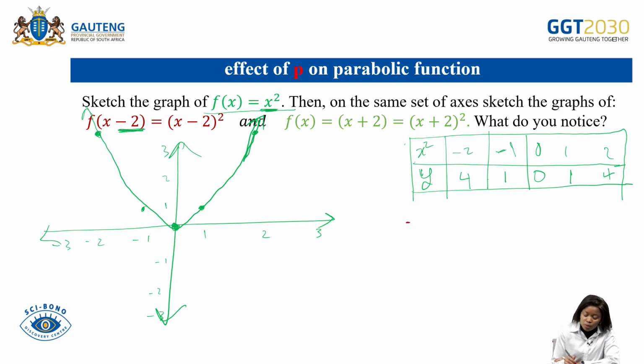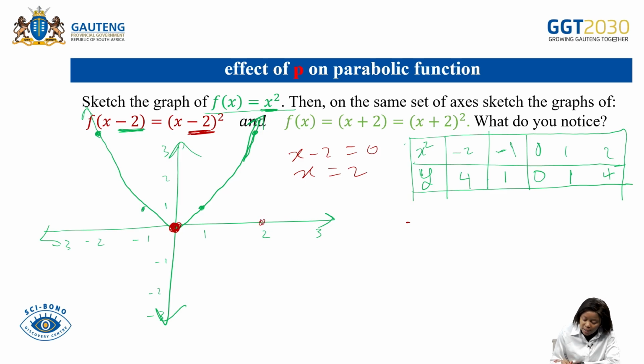Okay, so here it's now x equals x minus 2. So if I take out this value of x, x minus 2 equals 0, right? Which is x equals positive 2. So it means instead of your graph having the turning point at 0, it's now going to turn where?